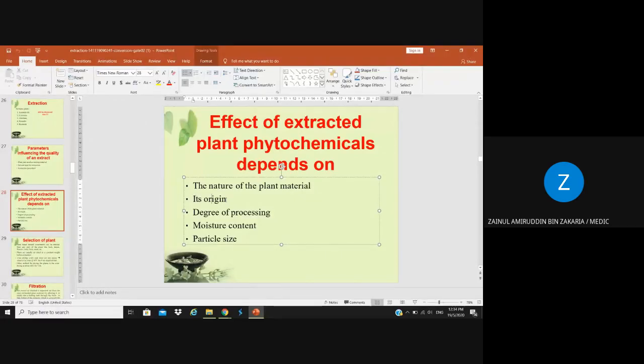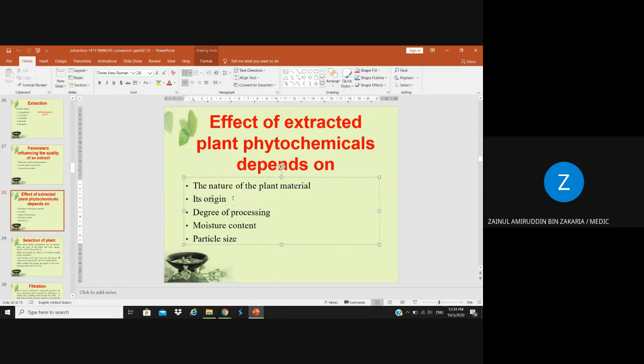Maybe you take the sample from India or from Africa, and you study it in Malaysia, you found out it is not effective or it shows only 30% of antidiabetic effect as compared to the same plant that you collect from a reserve forest in Pahang, Kuala Tahan, for example, or from Indonesia, which is more effective than the one that came from other parts.